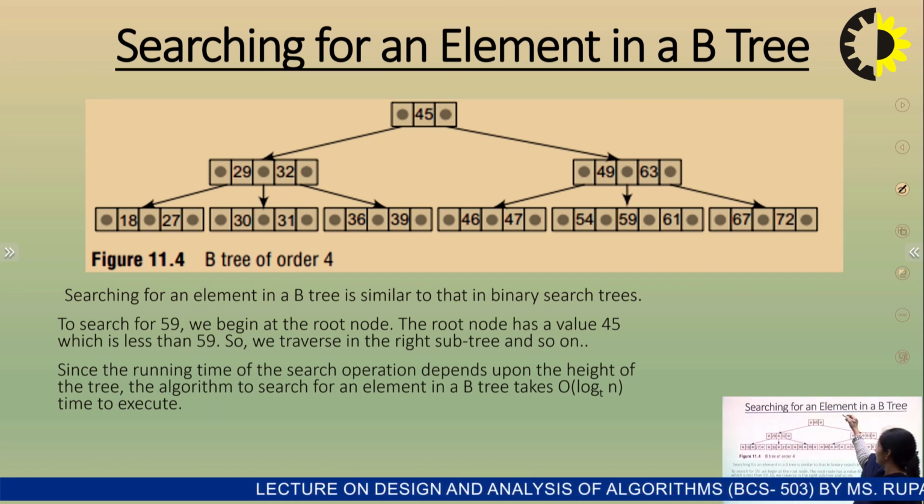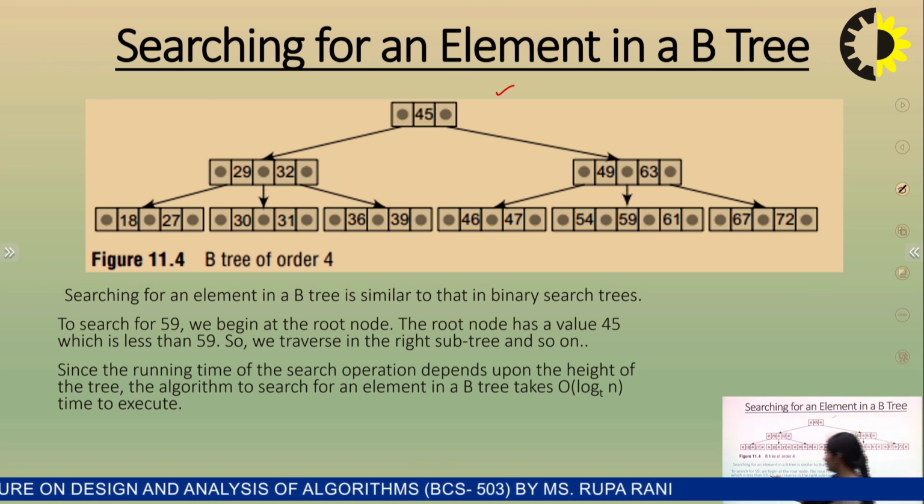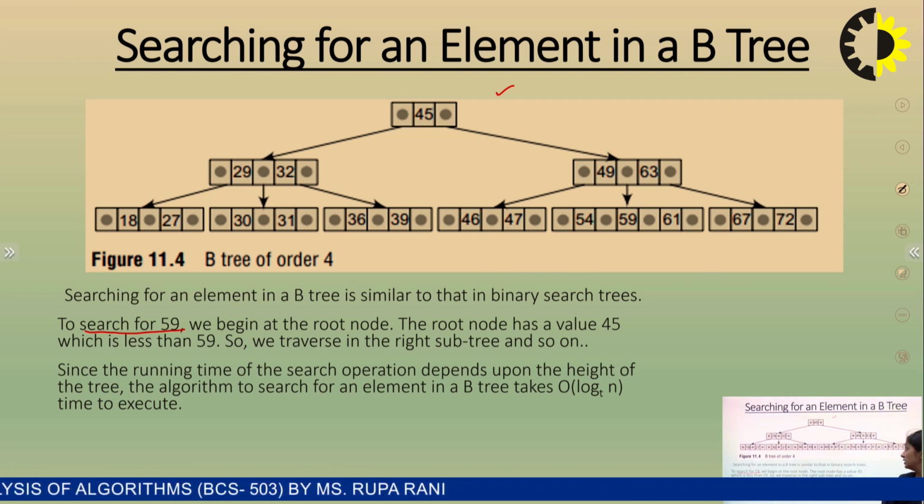Suppose you have this example. In this example, you have to search the element 59. Then how will you start? We will start from the root node. And you can see here that the root node has a value 45.